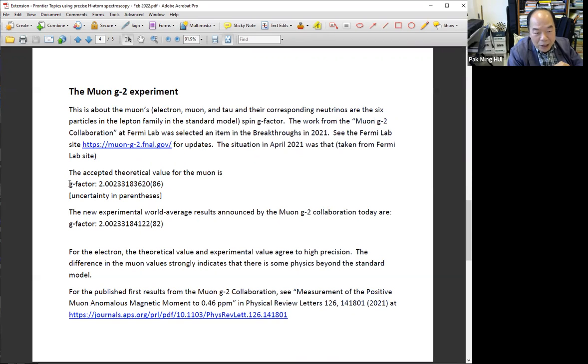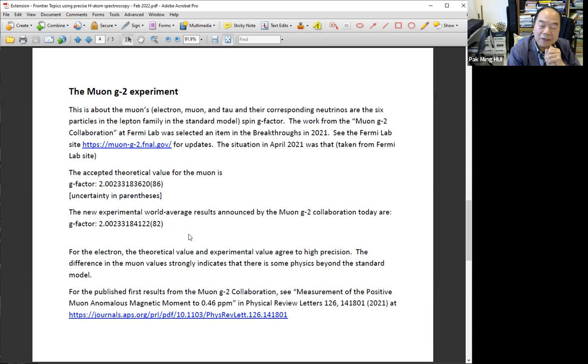Basically, the situation is that theory, using all the forces and all the particles we know in the standard model, gives this best value. Using all the experimental data from different groups, including the latest Fermilab experiments, it is this number. Well, not too bad, starting to be off in the last four digits.